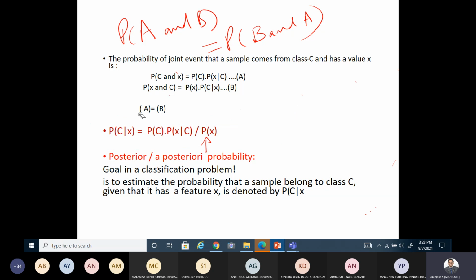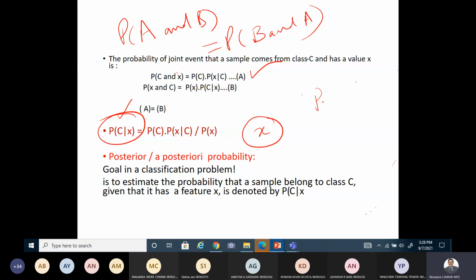So this is what is derived from our simple rule. Is it clear? Now this is a very important probability. If you calculate this, you can try to decide its class and its belongingness to a class. What is the chance that given X belongs to C? You can define it with this probability. Given X, that means given a feature for a random sample.